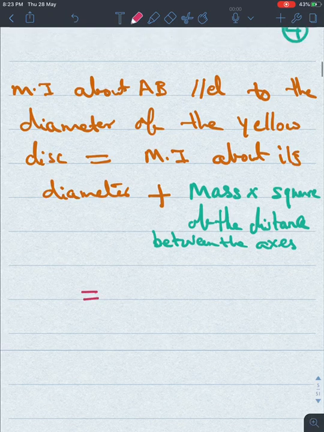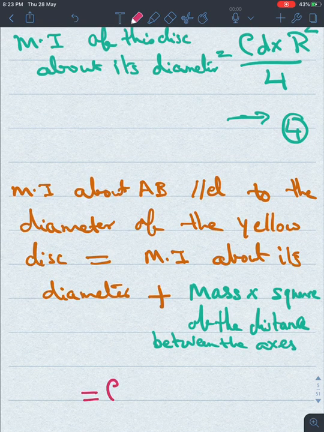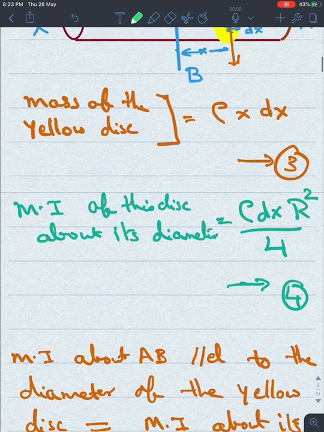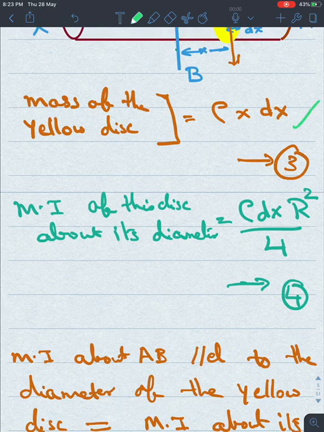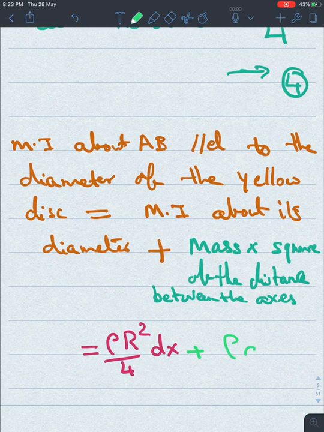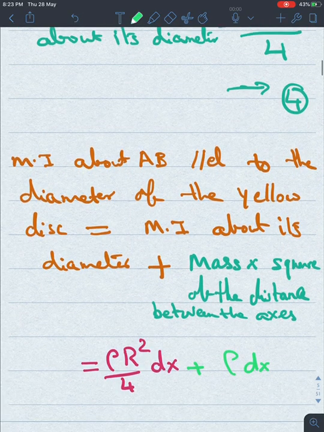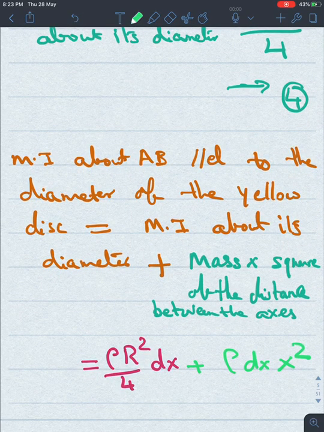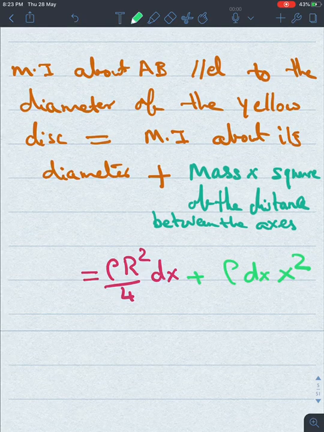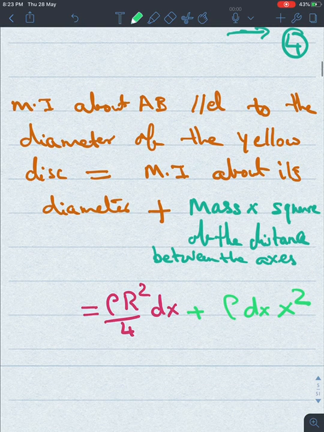As we found in equation 4, it is rho r square by 4 dx, plus mass times, as we found in equation 3, rho dx, and the distance between the axes is x square. We'll put this as equation number 5.